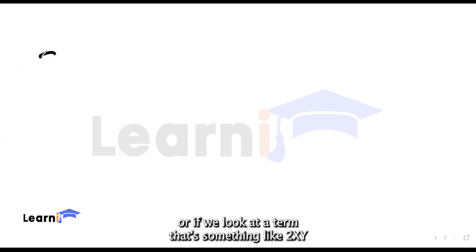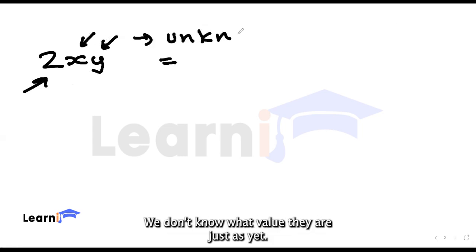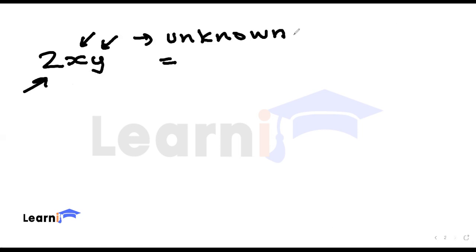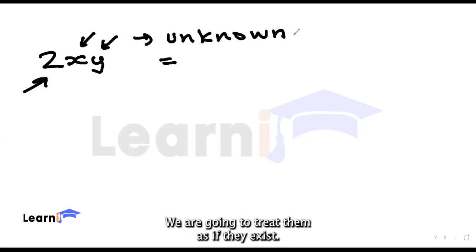When we look at products, or a term such as 2xy, here we know that's a 2, but the x's and y's are our unknowns. We don't know what value they are just as yet. So we are representing them with a letter of the alphabet, and even though they are unknowns, we're going to treat them as if they exist.